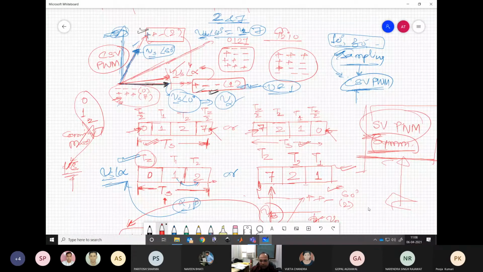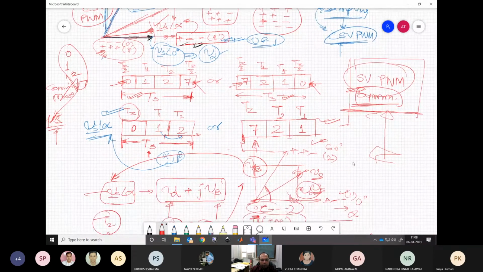Now, the zero vectors of course have zero magnitude, so they cannot contribute in realization of any magnitude or any angle. If they are not contributing, there is no particular need to apply both the vectors in the same subcycle or switching cycle.